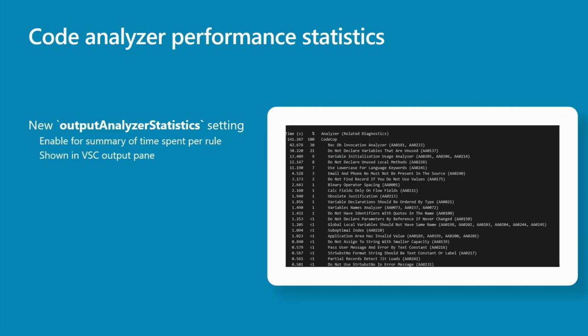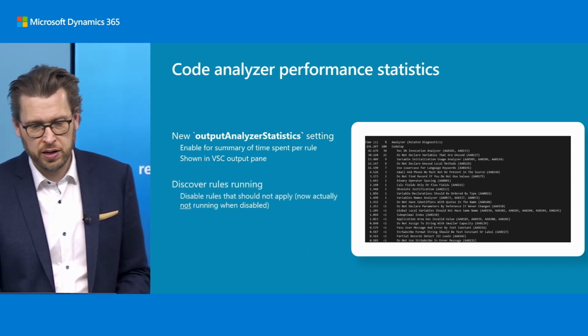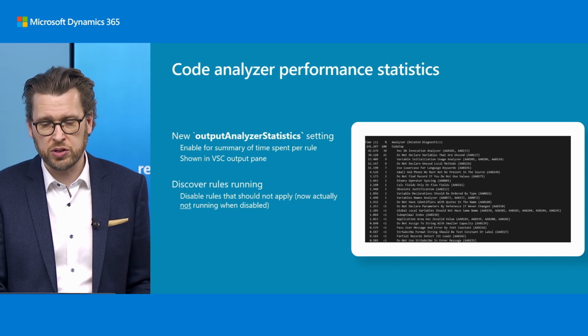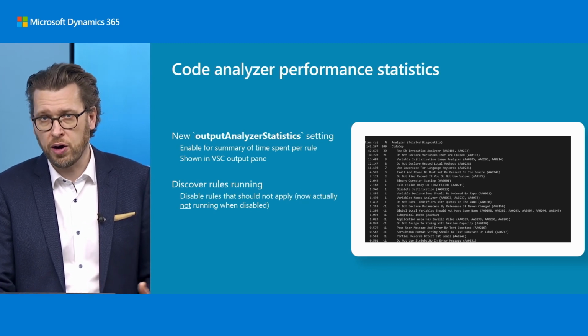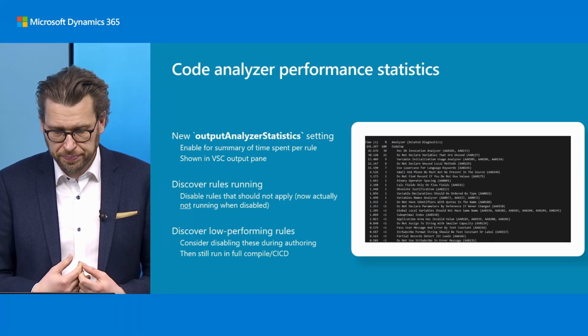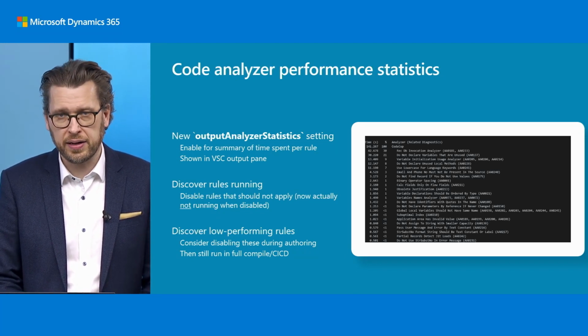So we have a new output analyzer statistics setting where you can enable having in the Visual Studio Code output a verbose insight into what rules are run and what the performance or the time spent is for each of these rules, right? And that information you can use to decide whether maybe you're running some rules that you don't really care about in this project and turn them off, especially if they are performance intensive. But you can also just validate that you are running all the rules that you are interested in and that they perform well, right?